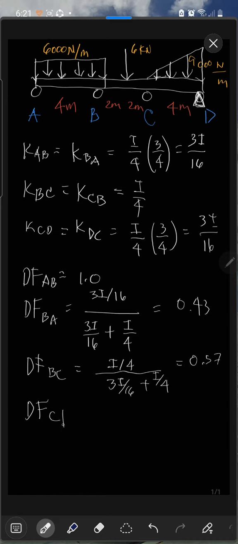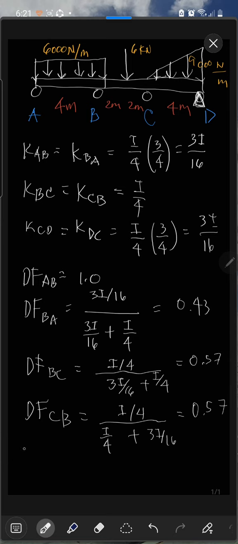So DFCB, that is KCB, which is I over 4 divided by the summation of K. So KCB is I over 4 plus KCD, 3I over 16. The value is similar to DFBC, still we have the value of 0.57.